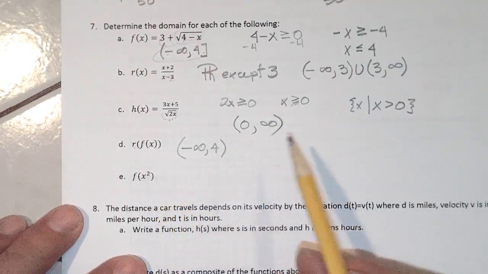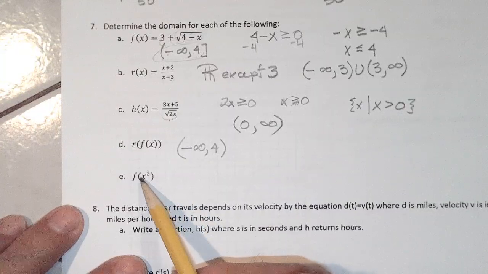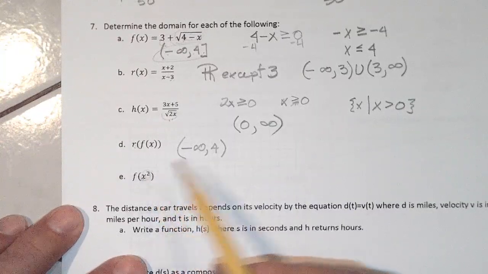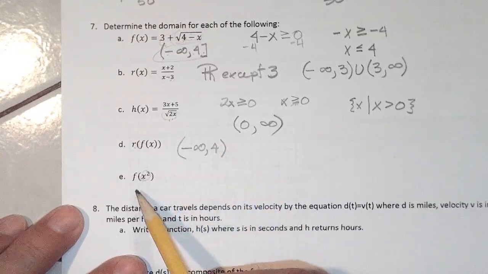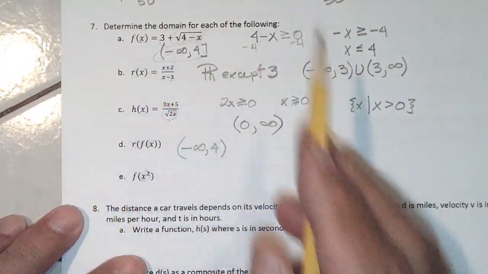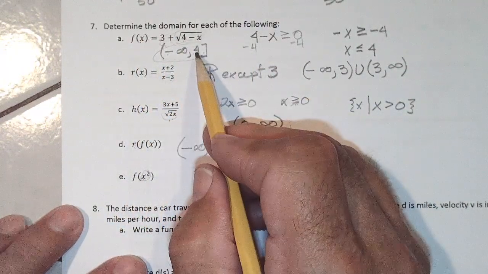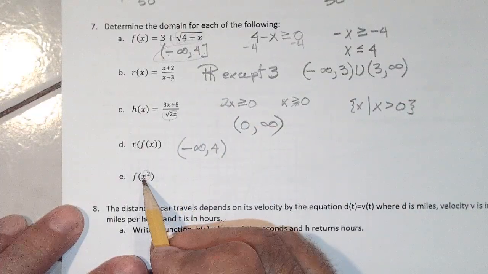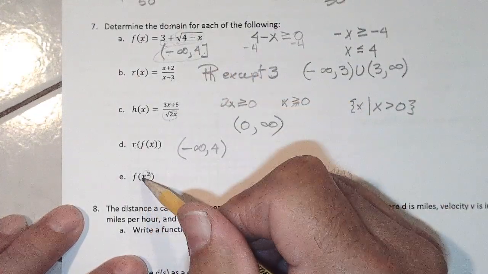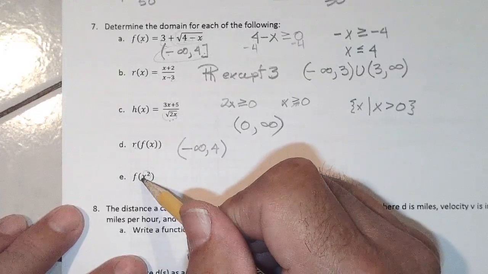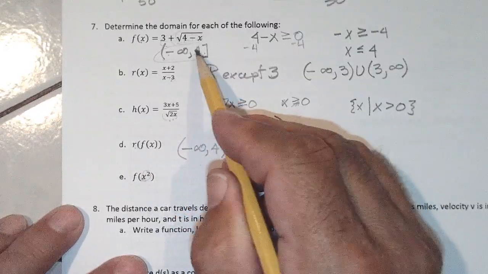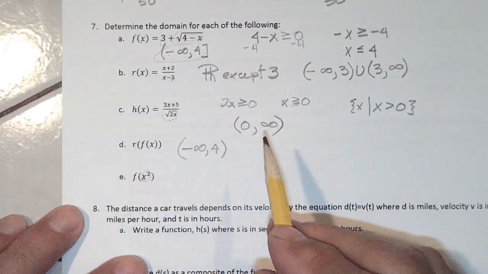Now, x squared. X squared can be anything, so I can put anything for x to get it through this, but I have to be able to put it into there. So I have to figure out what kind of numbers I can put in for x that will give me 4 or smaller.